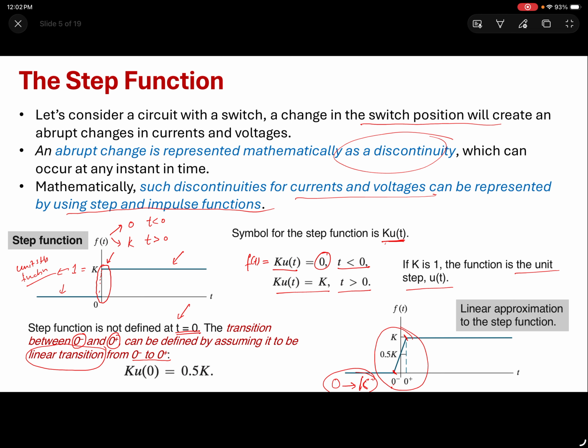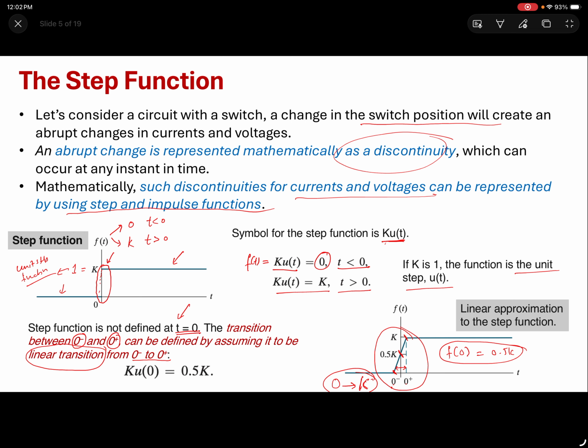If the delta t from 0 negative to 0 is the same as from 0 to 0 positive, then in this linear approximation I am going to hit the value of f of t as 0.5k. I'm only going to cover half of the amplitude.